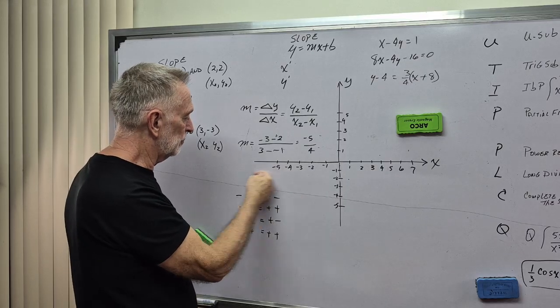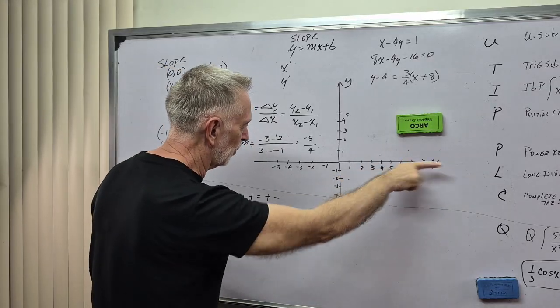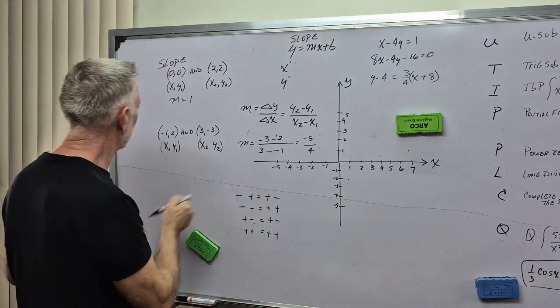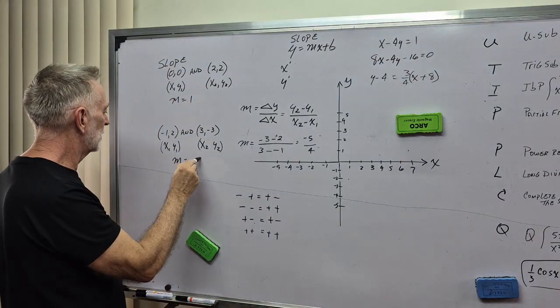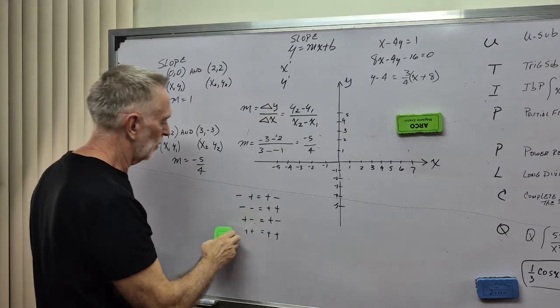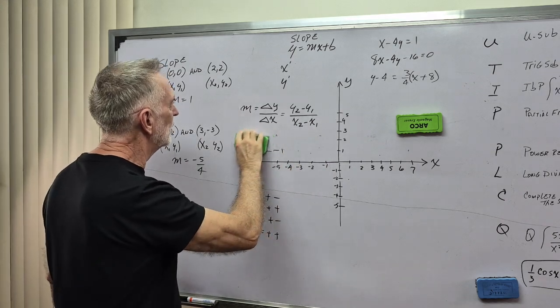Well, -5 is a smaller number. So this is -5/4. Okay, hopefully you're good with that.